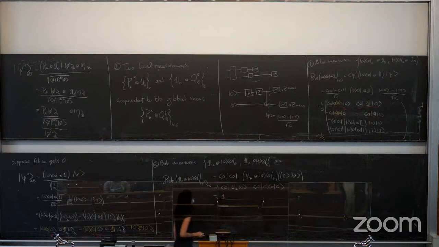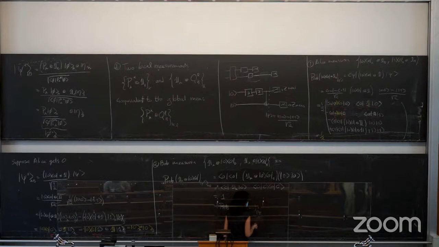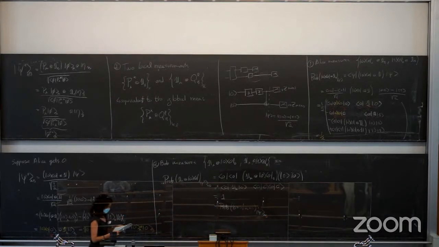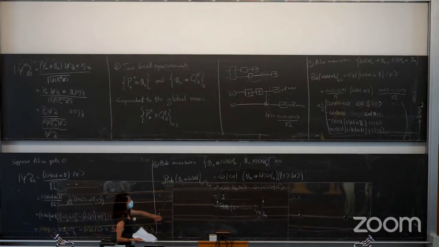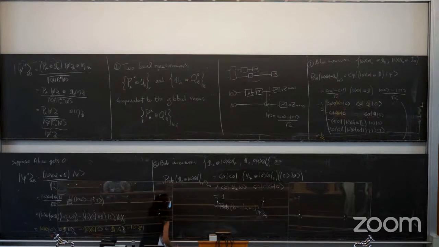So, another way to write this would be, what's the probability that Bob's outcome is 0, given that Alice's outcome was already 0 for our initial state, right? And what's the post-measurement state in this case? It's going to be exactly the same.